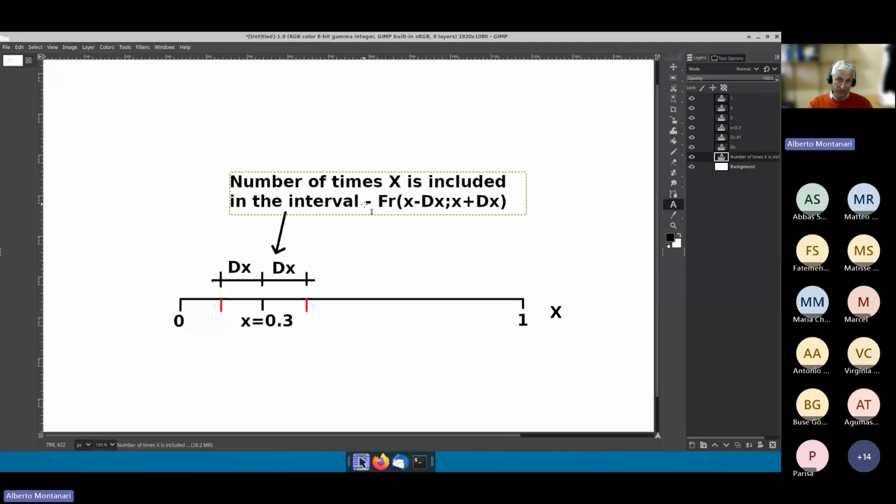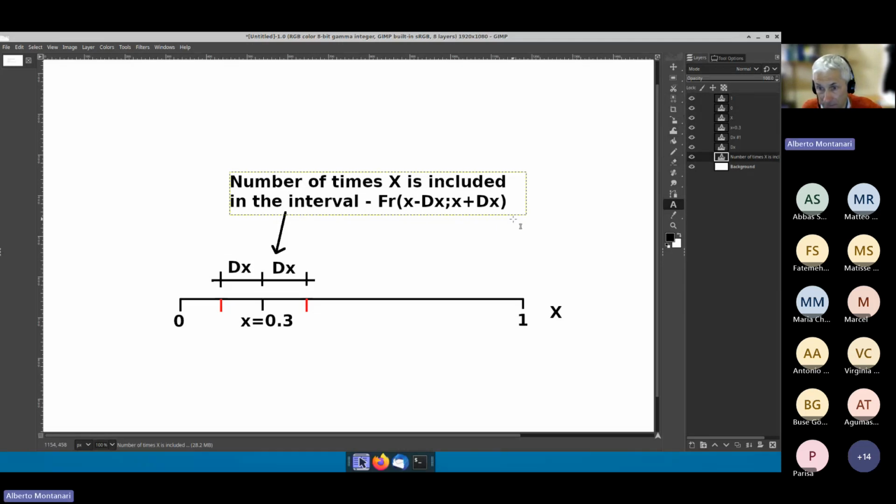If I make the interval larger, I get an increasing frequency, but if I divide it by the length of the interval, then I should obtain something that is independent of the length of the interval. However, this wouldn't be a frequency, but rather a density of frequency, because once I divide the frequency by the length of the interval, I end up with a density of frequency.